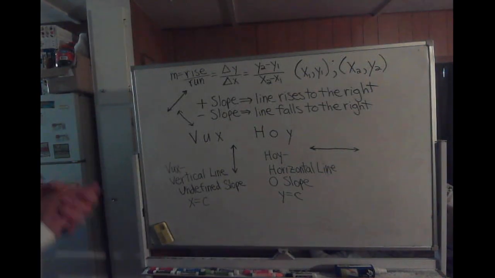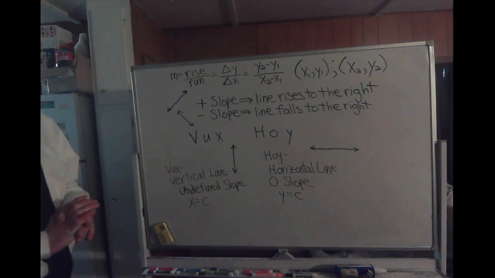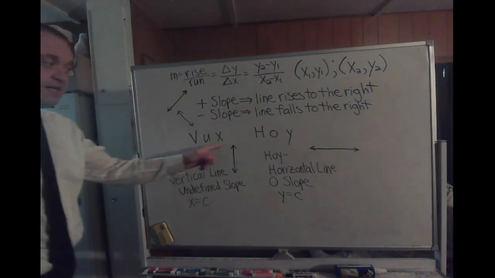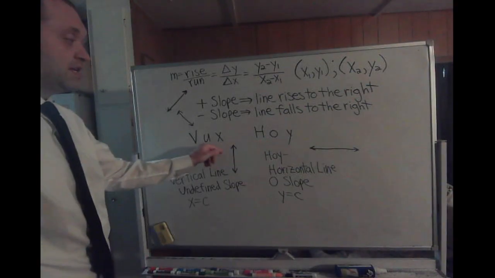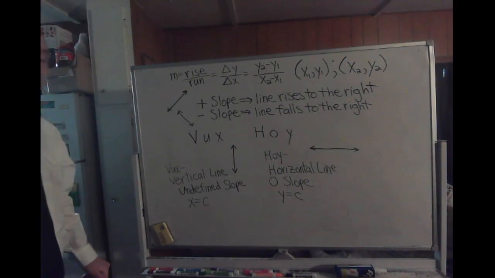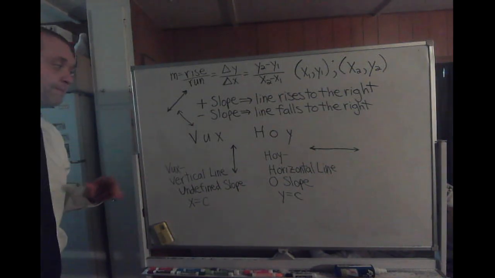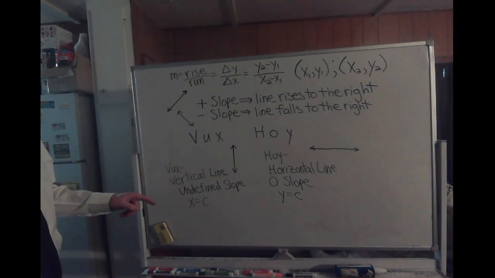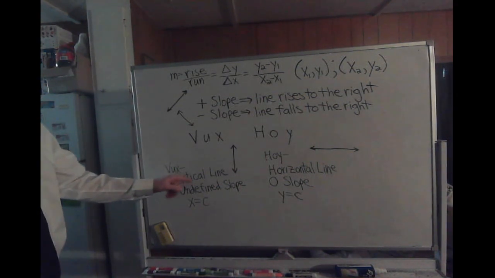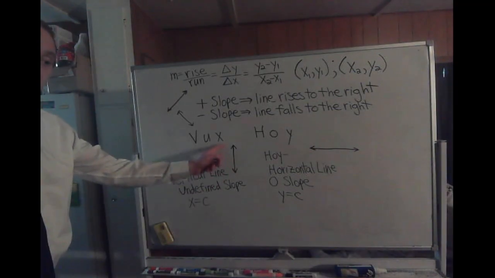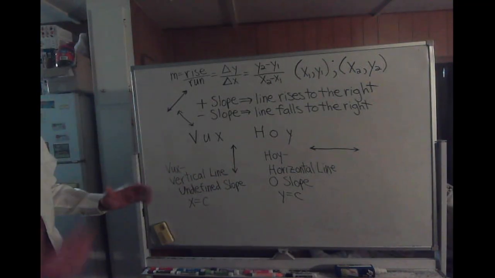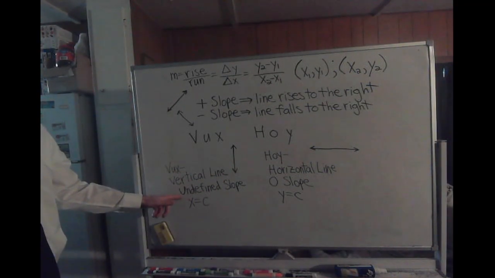And then there are 2 other types of lines we can talk about. If anyone remembers from pre-algebra and algebra 1 the saying VUX HOY, that's coming into play here in geometry also. What does that mean? VUX stands for a vertical line. If the line's straight up vertical, that means the slope is undefined.